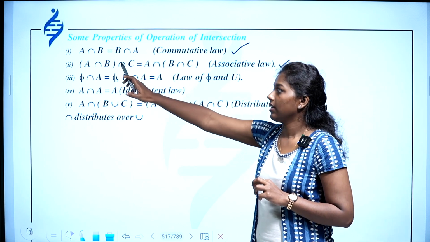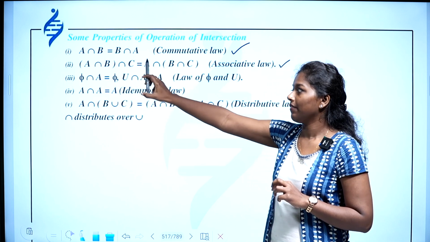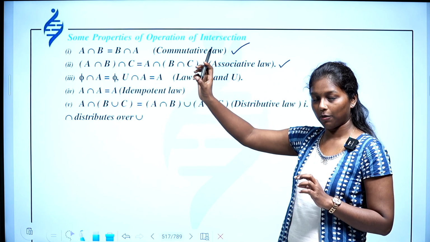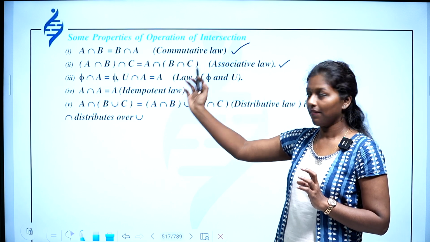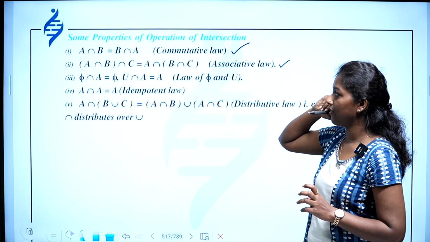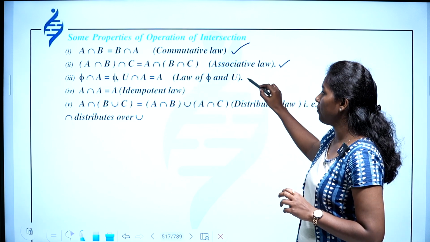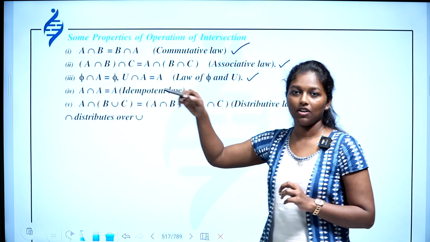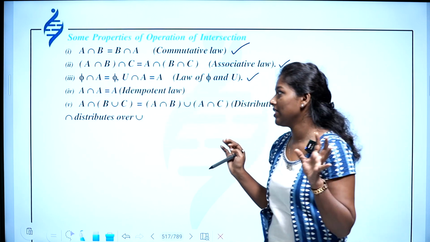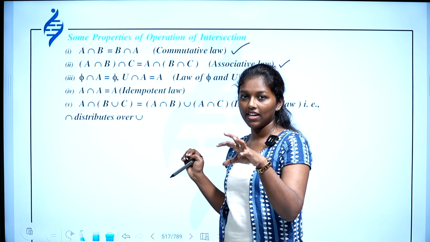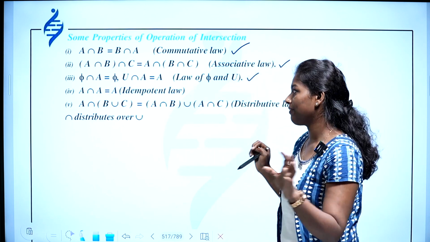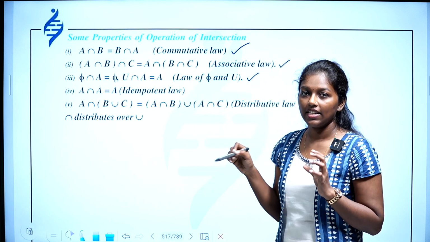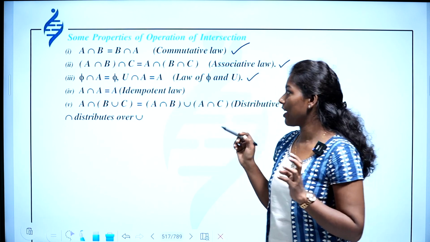As you know, operating the first two elements with the third element is the same as operating the second and third elements with the first element. So the associative law is satisfied. Then the law of phi and U. Phi intersection A is phi, because phi has no elements, and if you intersect it with A, it will be phi. U intersection A is A, because U and A have only the elements of A in common.